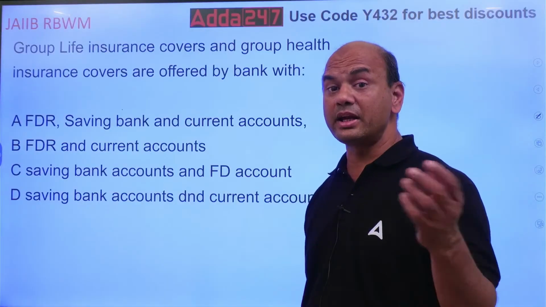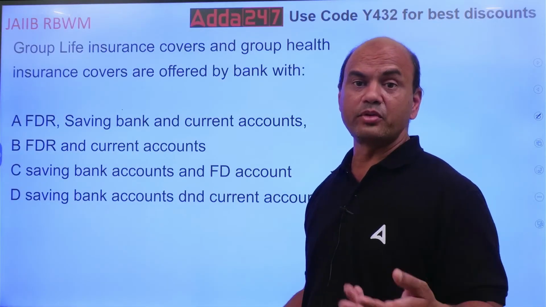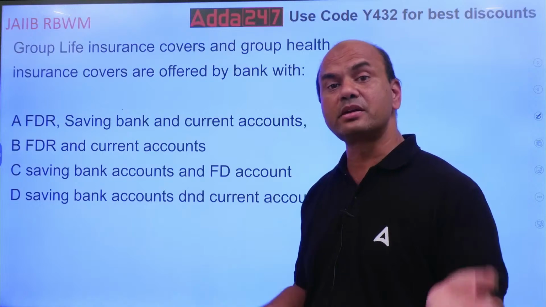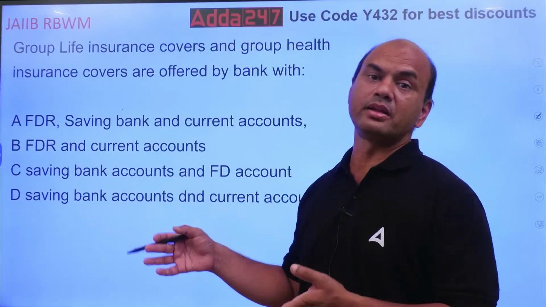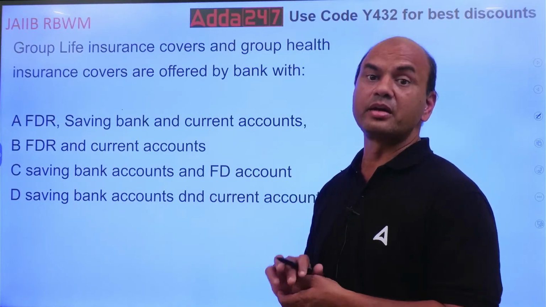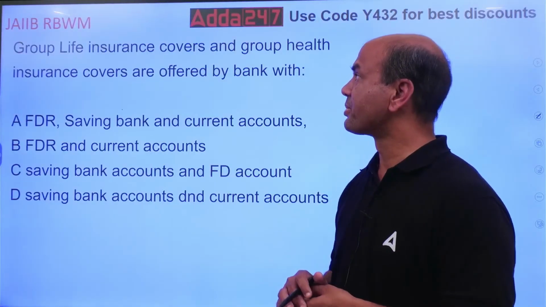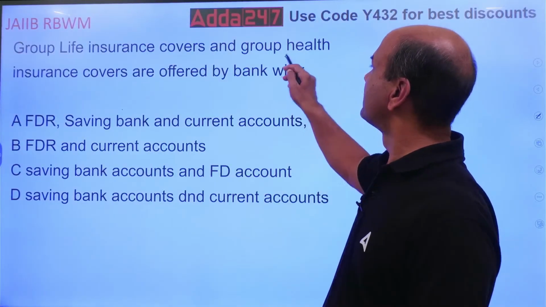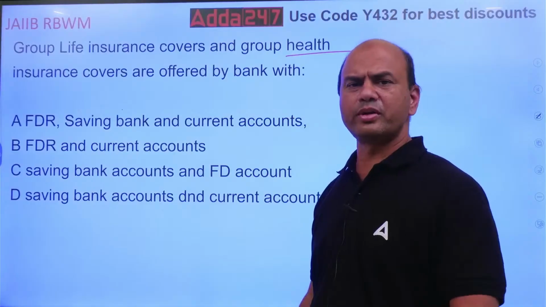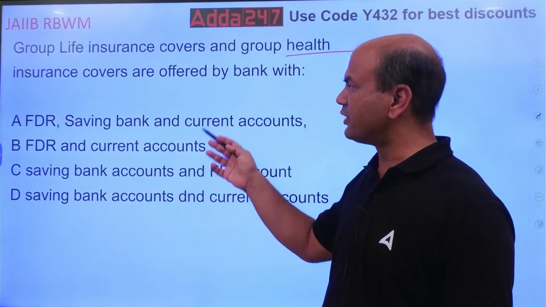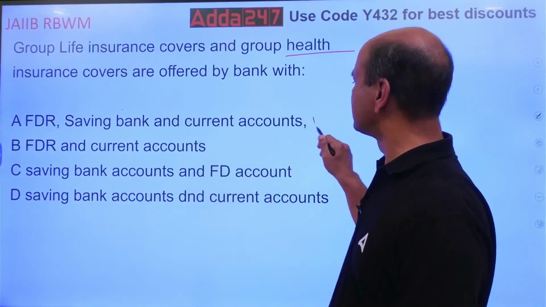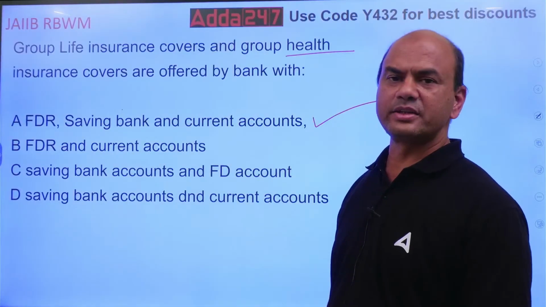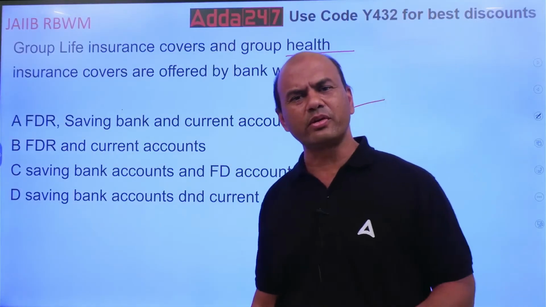Means customer delight, I told you now. I come to you for opening a savings account, and along with the savings account you give me life insurance also, term insurance. So, group health, life and health. You can offer it with any of these products, FDR, savings or current, depending on what your requirement is.